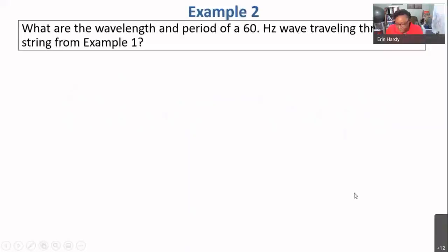So we can build off of our last scenario and figure out what the wavelength and period would be for a 60 hertz wave traveling through the string from our previous example. So I'm going to switch here and then jump over to the tablet again.